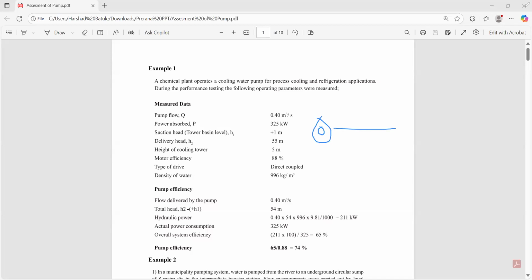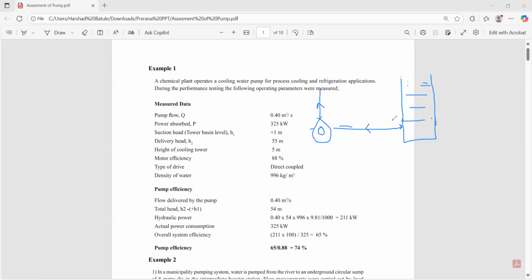Relative to that center line of the pump, your water suction level, if this is your cooling tower and the pipe is connected here, and this is your water level. Water freely flows from the basin of the cooling tower to your pump suction, and this is your pump discharge.